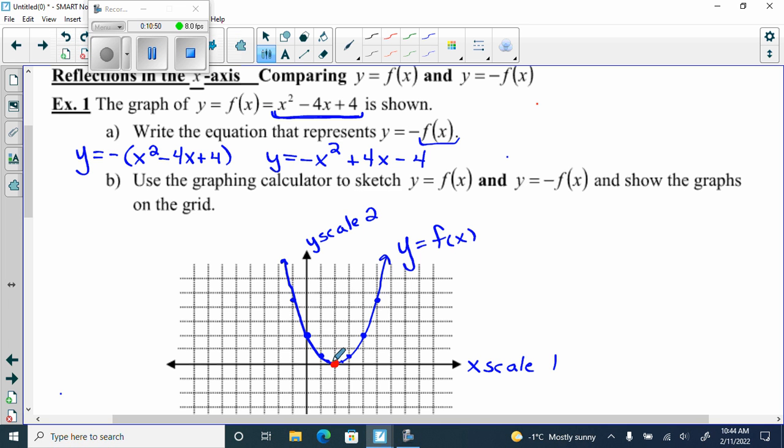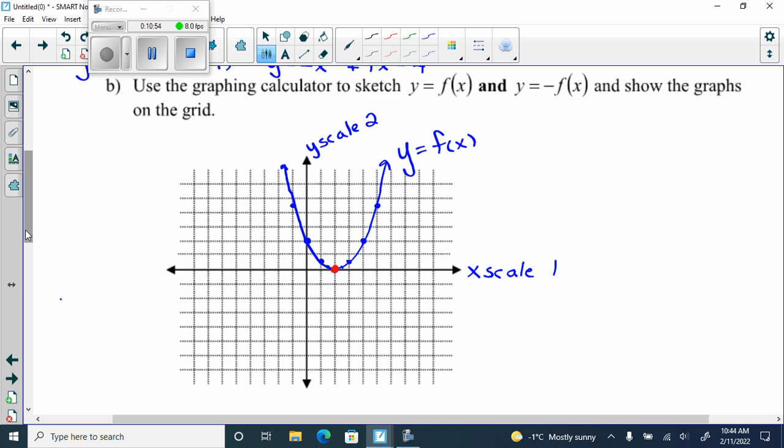When you find your maximum, it's actually on the exact same point, isn't it? Did that point move? No, we'll explain why it didn't in a second.